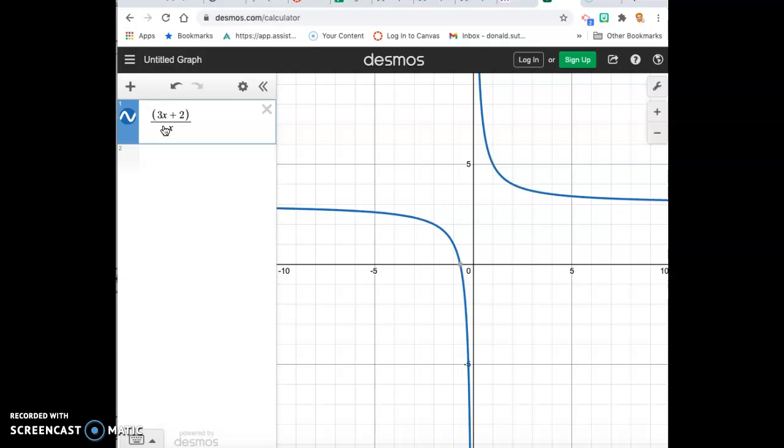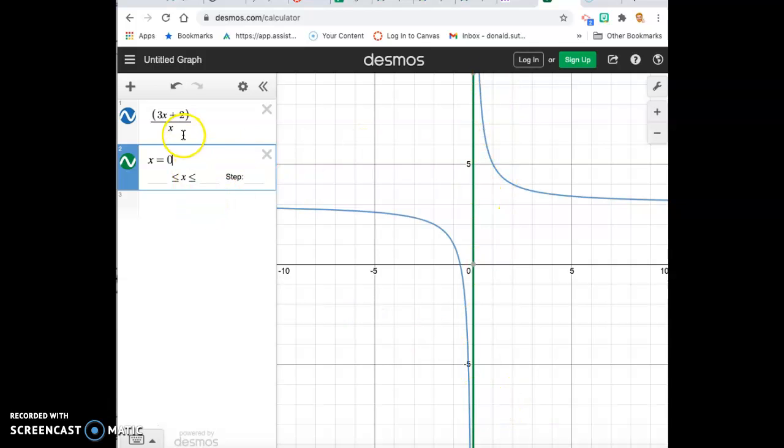Let's figure out where those asymptotes are going to be. I believe the bottom is going to give me a vertical asymptote. When that bottom equals 0, I know I have an asymptote. So that's going to be x equals 0. Yep, I think that's right.